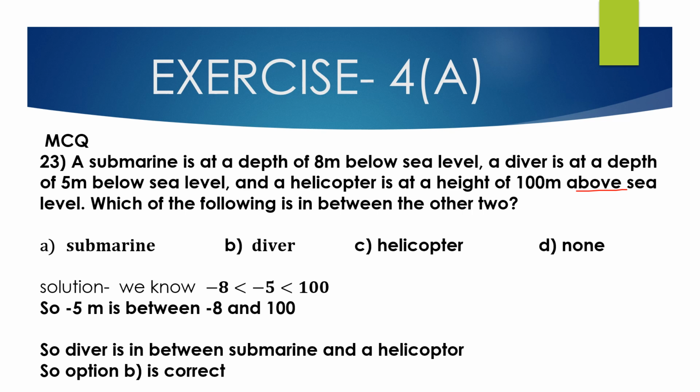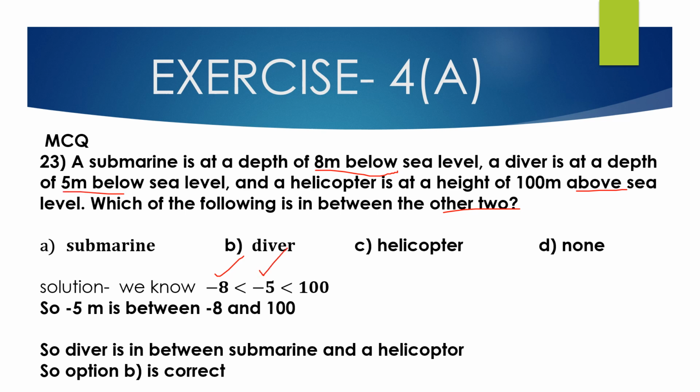We have to find which integer will be in between the two integers. 8 meter below sea level will be represented by minus 8, and 5 meter below sea level will be represented by negative 5.